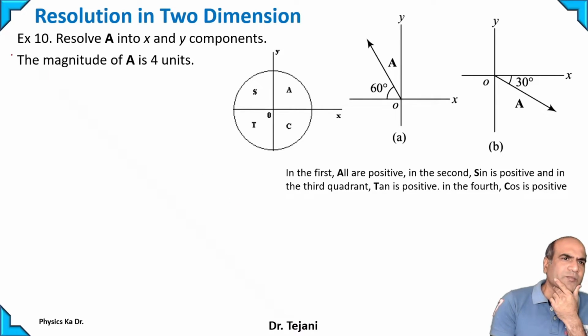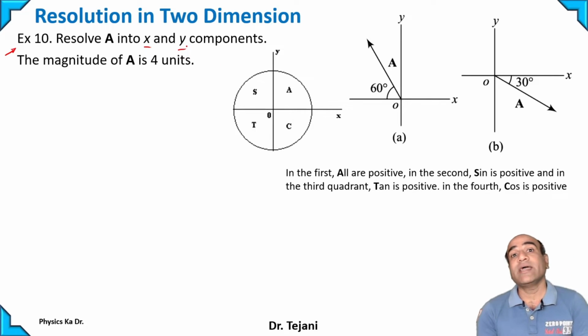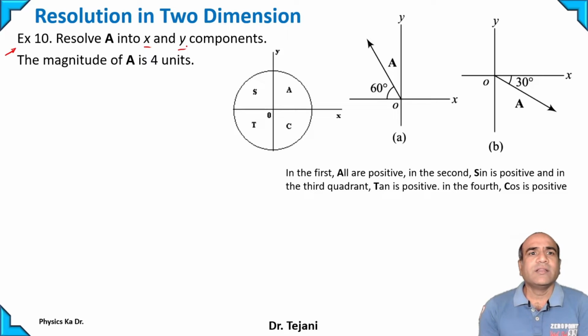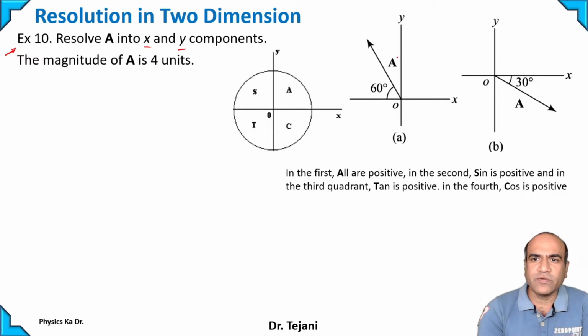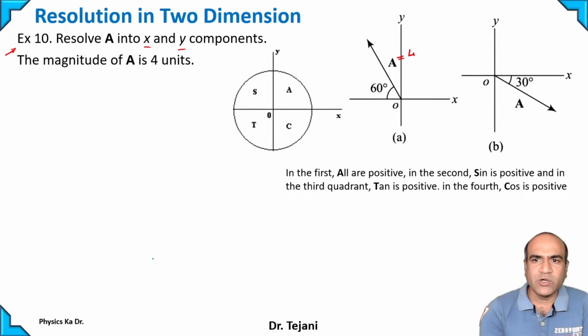Let's solve example number 10. What is mentioned here? Resolve a vector into x and y components. The magnitude of A is 4 units, so here the value of the unit is given as 4. To solve this we need two components.